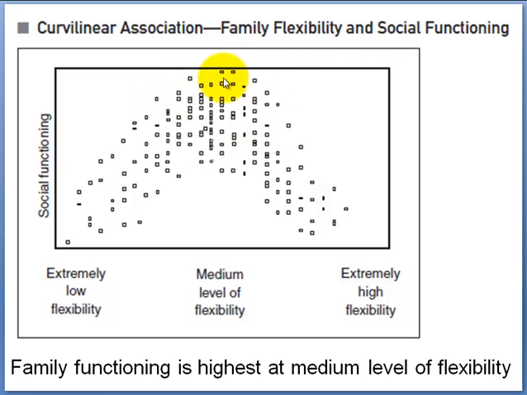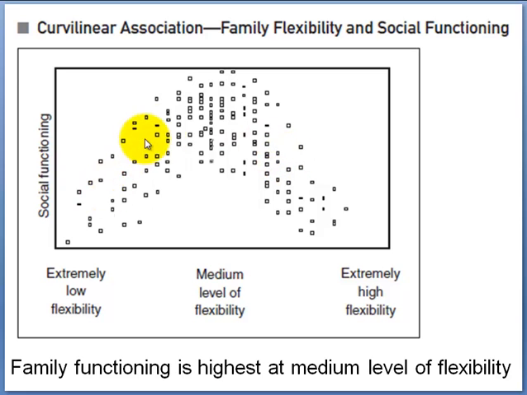And you can see the scores are high on the y-axis. So on this left side of our slide then, the relationship between flexibility and social functioning is largely a positive one. As flexibility moves upward, from low to medium, social functioning tends to increase.